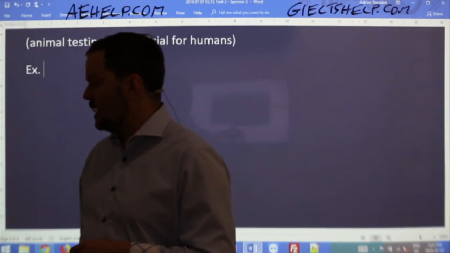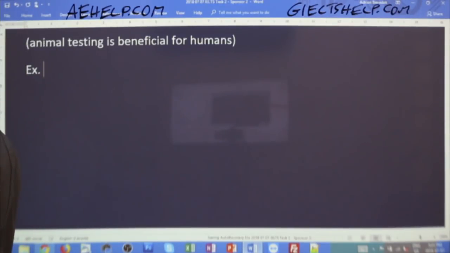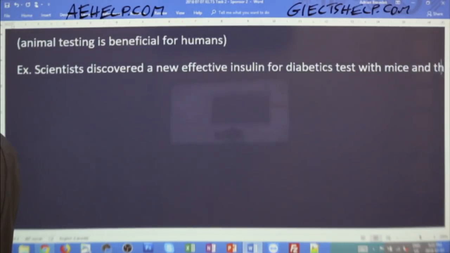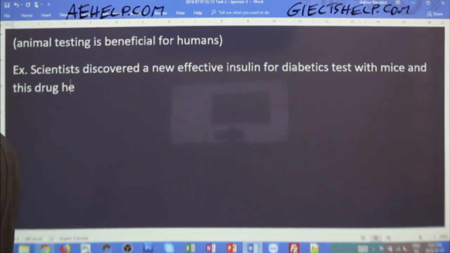So let's say scientists discovered a new effective insulin for diabetics, testing with mice, and this drug helped save my cousin's life.